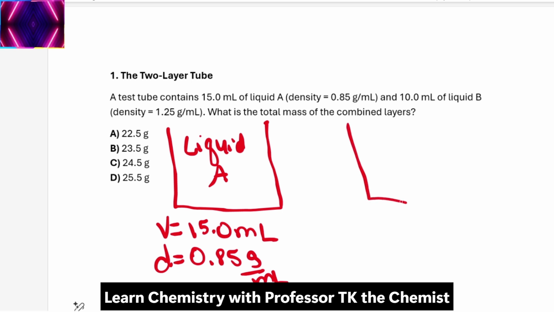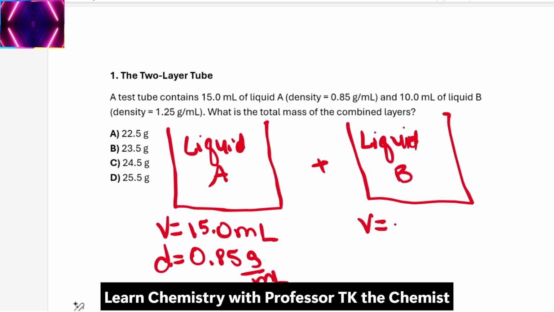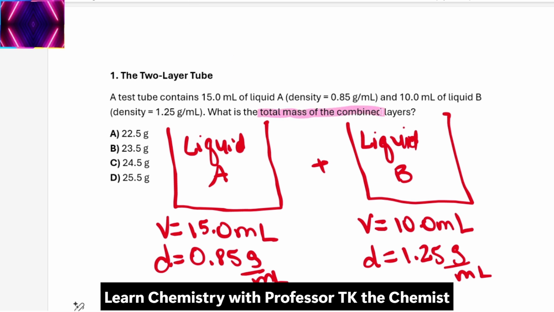Liquid B. For liquid B, it says that you have 10.0 milliliters, and that this one had a density of 1.25 grams per milliliter. But what they want to know is what is the total mass of the combined layers.